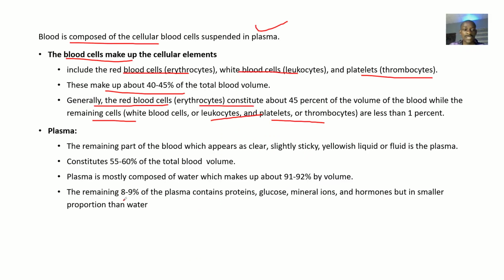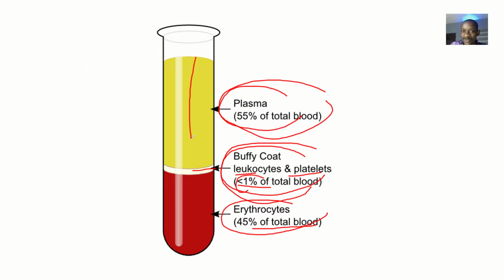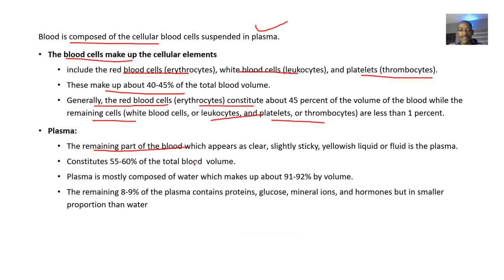Talking about plasma, the remaining part of the blood, which appears as a clear, slightly sticky, yellowish fluid, is the plasma. Plasma consists of about 55 to 60% of total blood volume. Plasma is mostly composed of water, which makes up about 91 to 92% of the total volume of plasma.